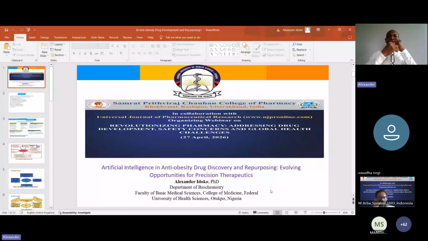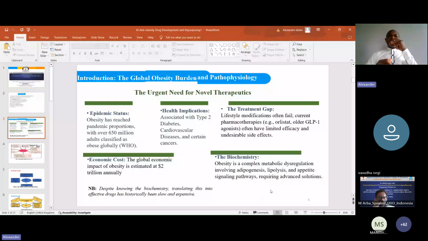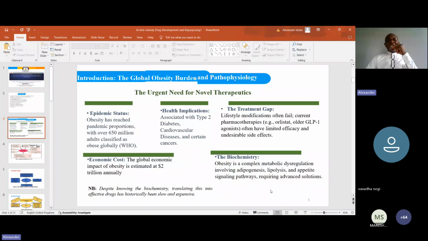Basically, because of the global obesity burden and pathophysiology, there is an urgent need for novel therapeutics channeled towards obesity management. Obesity has reached an alarming, pandemic proportion, with about 650 million adults classified as obese by the WHO.